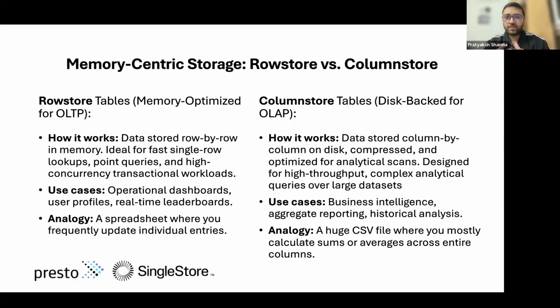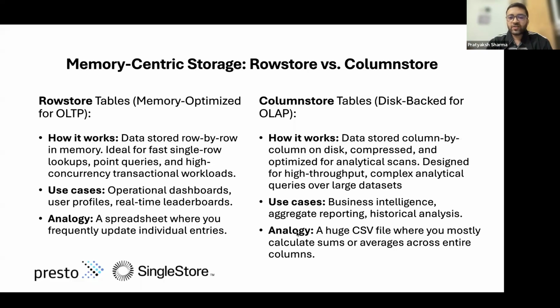Rather, you will get more complex or more involved queries which will be run as part of the OLAP workload, right? And also there is no requirement of giving the result in a very short amount of time. Basically, you need to be able to do the aggregations and all the computations on a big chunk of data, and you need to be able to give the results back.